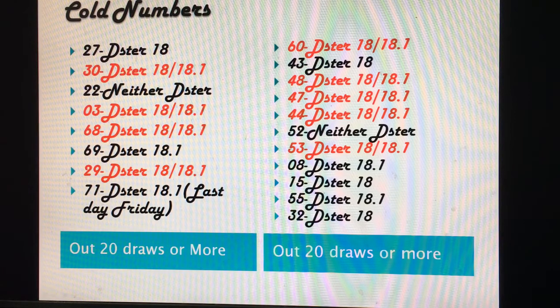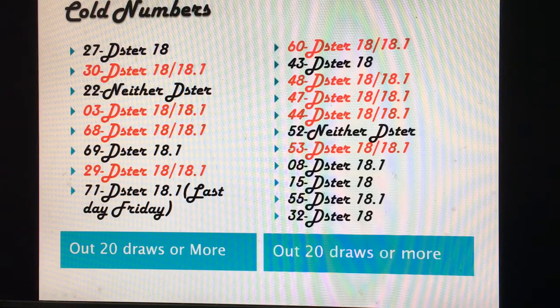03 and 68 are on both Decker 18 and 18.1. If you go back to the Decker, you can compare it. If I make a mistake, which I shouldn't be making any mistake because I read the Decker before I put the numbers in, and 69 is on Decker 18.1 only, and 29 is on both Deckers. 71, which will be the last 71 for Friday.